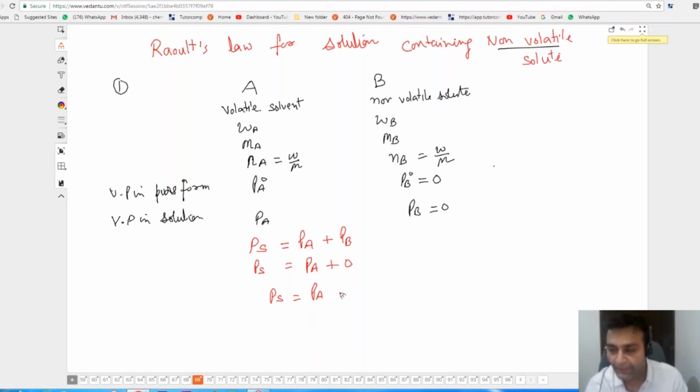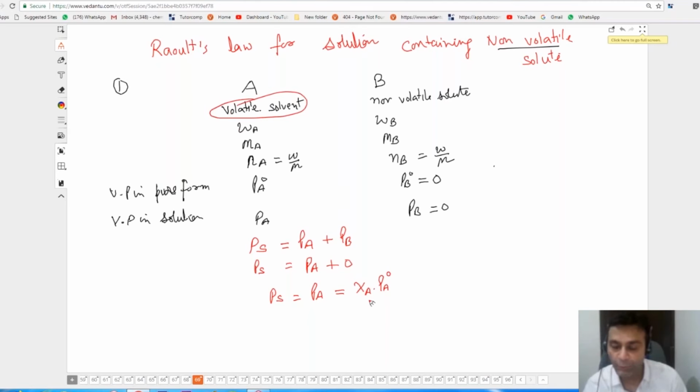And now I apply here Raoult's law that states that the vapor pressure of the volatile component in the solution is equal to the product of its mole fraction and the pressure in the pure form. This is the mathematical definition of Raoult's law. The vapor pressure of the volatile component, you can see the volatile component is A only, is equal to the product of two things.